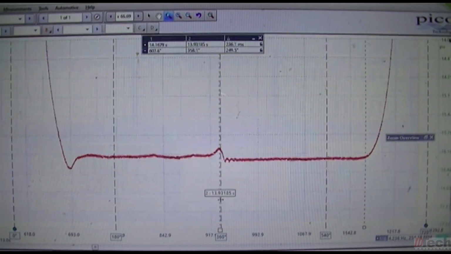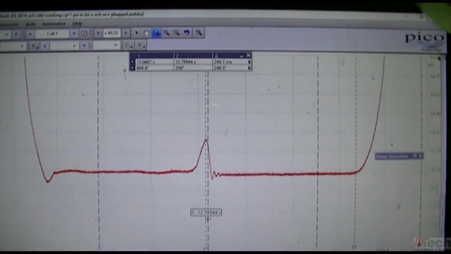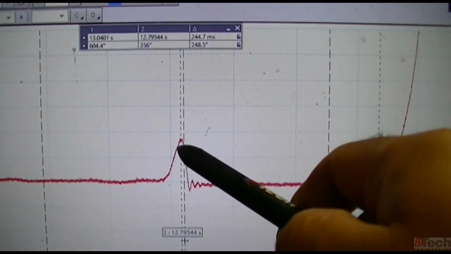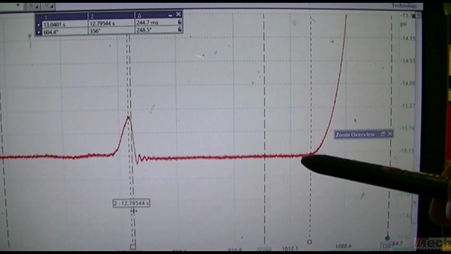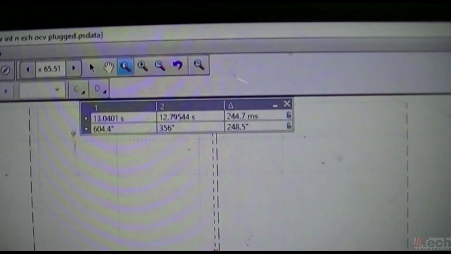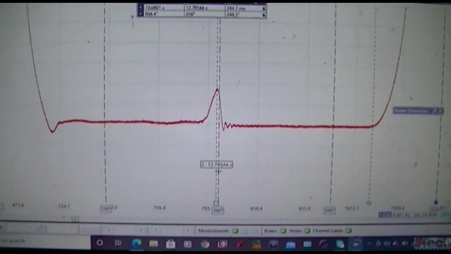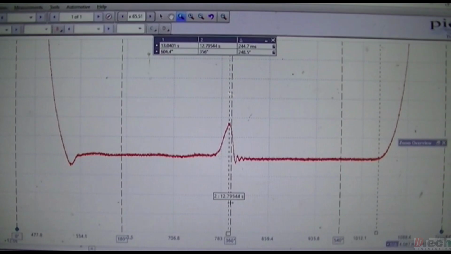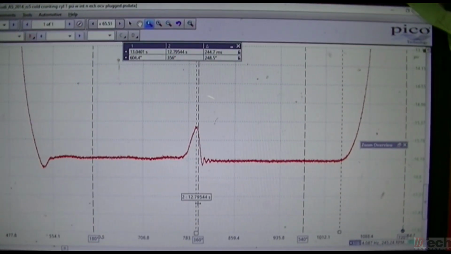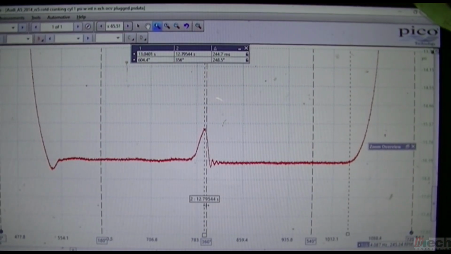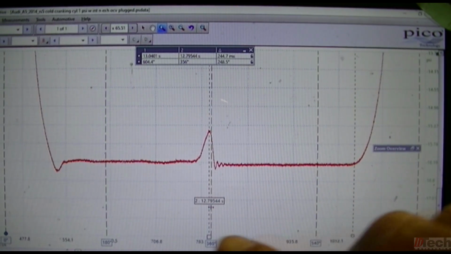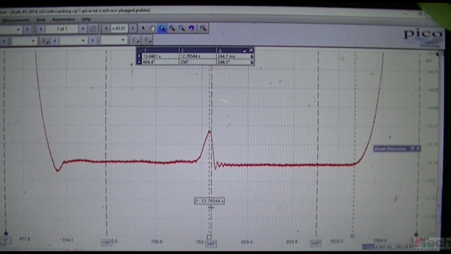Compared with bank 1, supposedly opening somewhere at that point and closing somewhere in that area, it's just about the same, just one or 2 degrees off. But at that point, I think it's dependent upon where you put your cursors or rulers, whatever you want to call them.